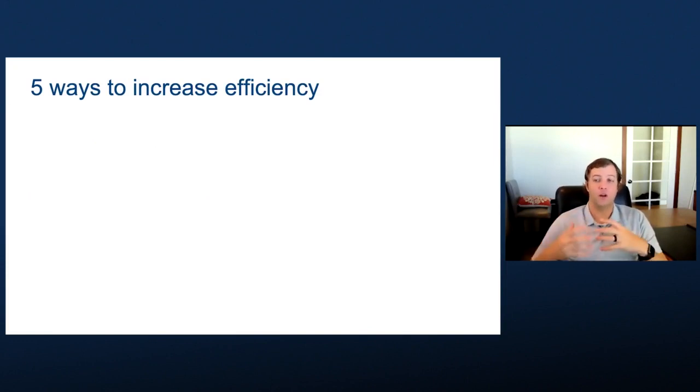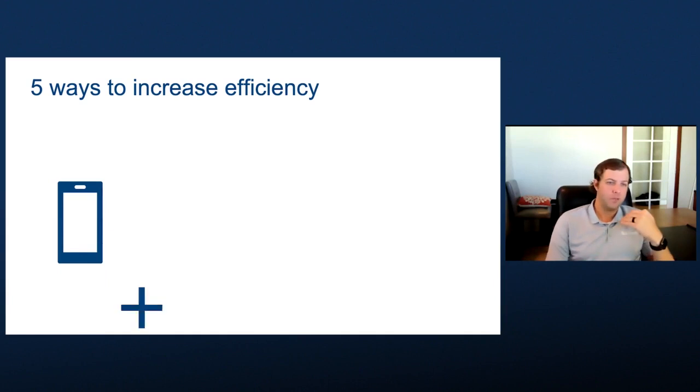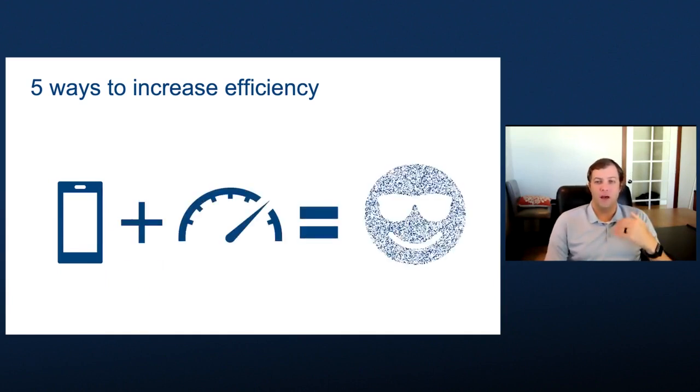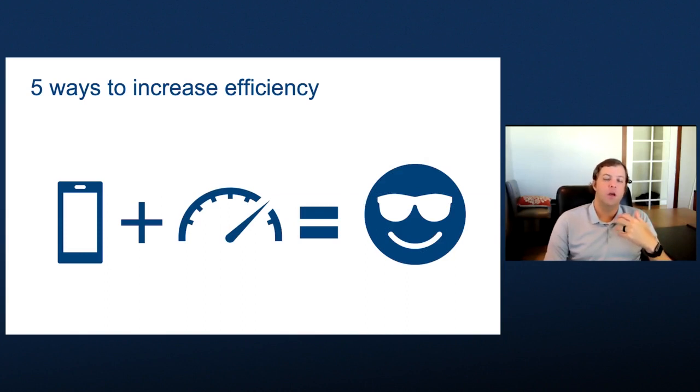We're going to explain 5 different ways you can increase your efficiency. And to start off, we all know that with technology mixed with speed, we can have happy customers. So the focus that we have on these 5 things is speed and technology. You combine those two and we can solve your problems as customers.